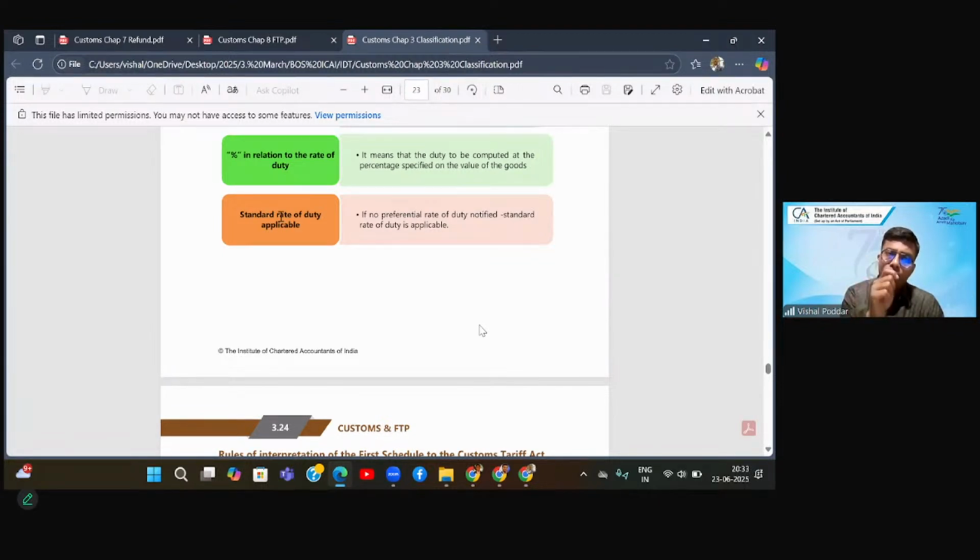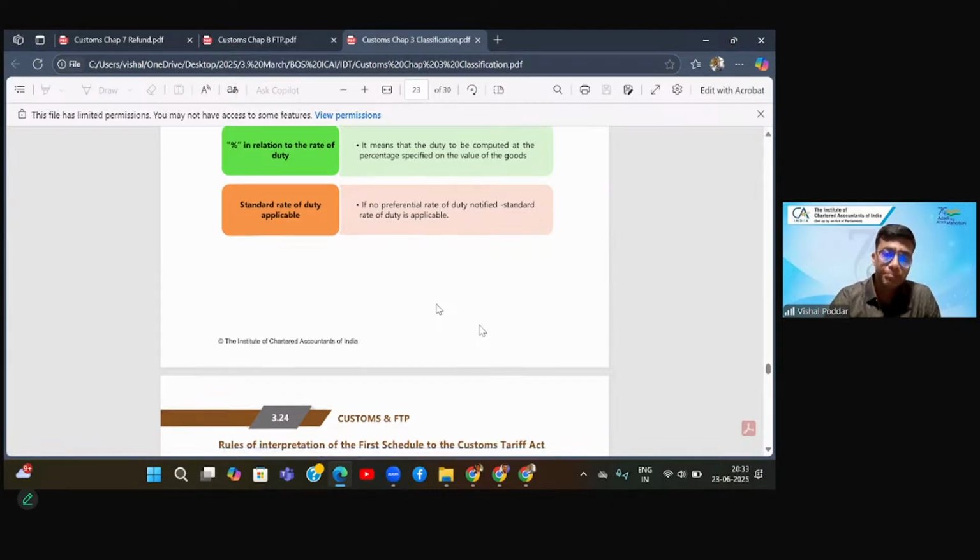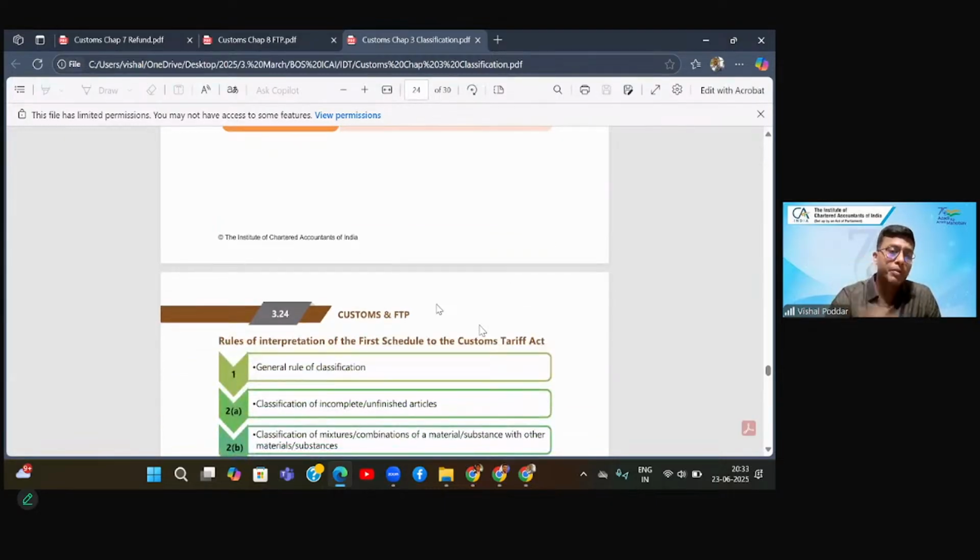Let us say for my chocolate, the standard rate is 30%, but the preferential rate may be only 10. What is this preferential rate? The preferential rate is for certain countries where we have signed a special pact giving them a special concession. For goods originating in those countries, you will apply the preferential rate.